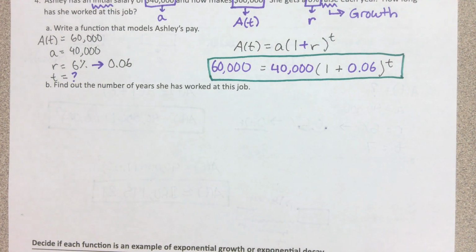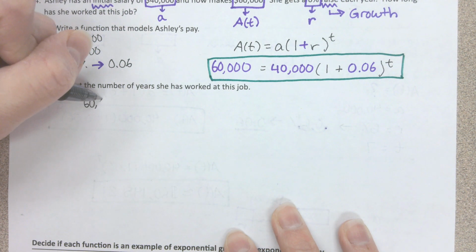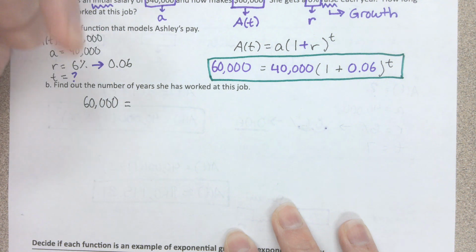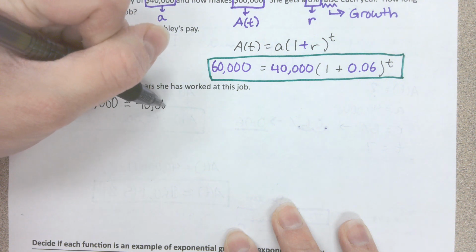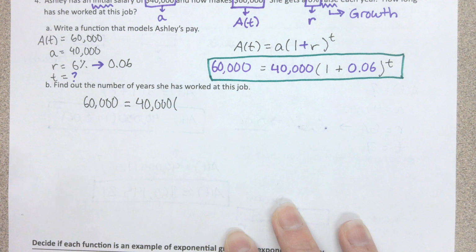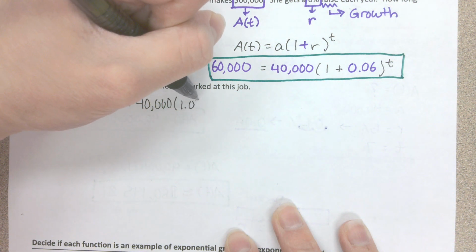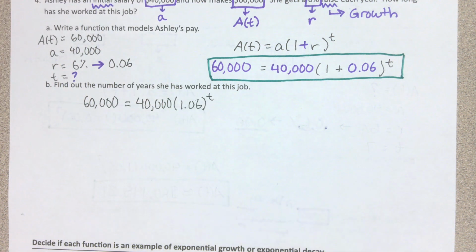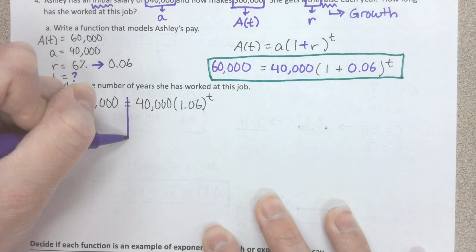So I'm going to write that down again. We have 60,000 equals 40,000. I'll go ahead and combine the number in parentheses. 1.06 to the T power. And we need to solve this.